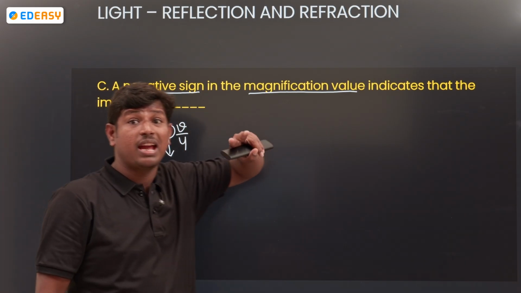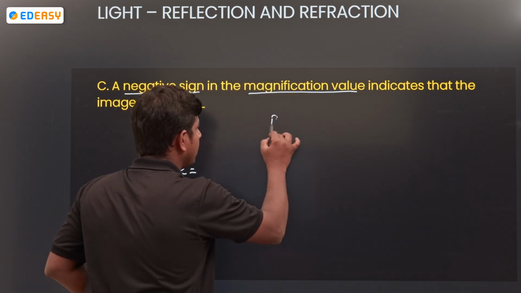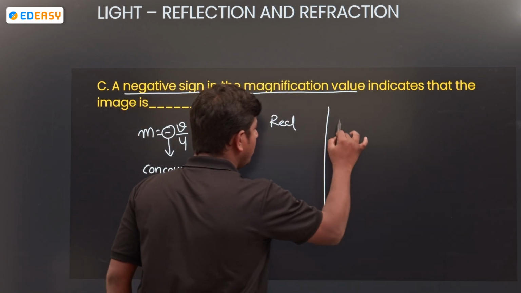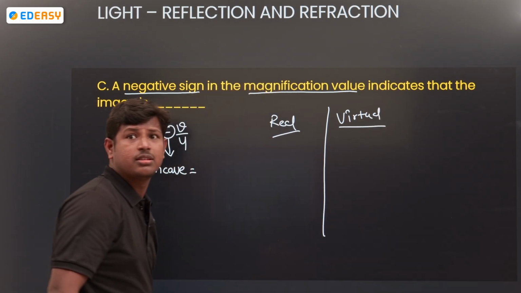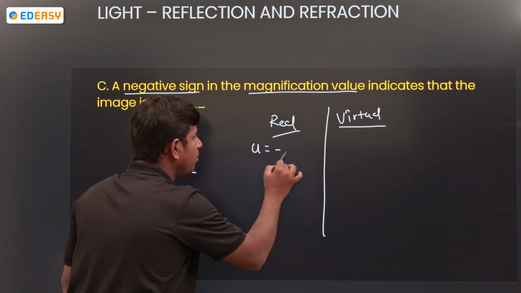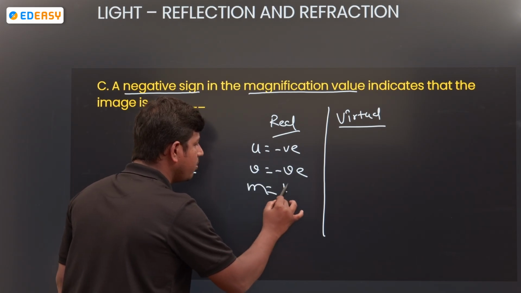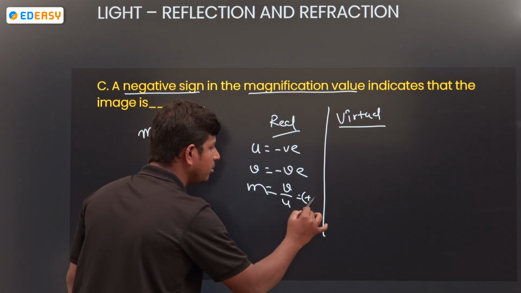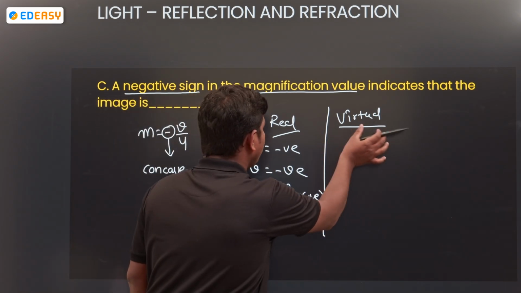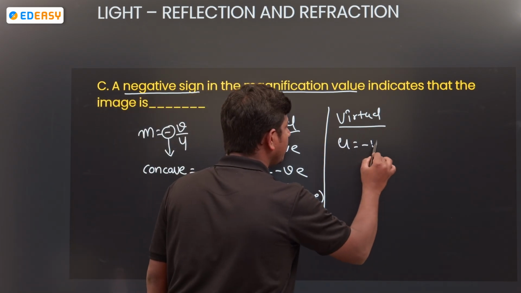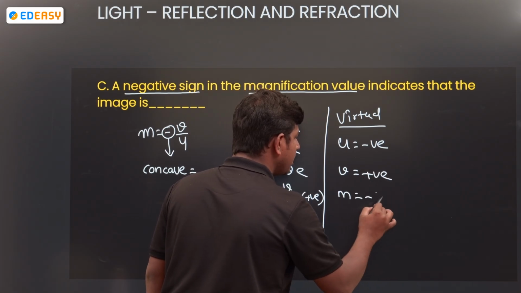We have types of image: real image and virtual image. For a real image, u is negative, v is also negative, so m is equal to minus v by u, which is positive. For a virtual image, u is negative, v is positive, then minus v by u gives a negative value.